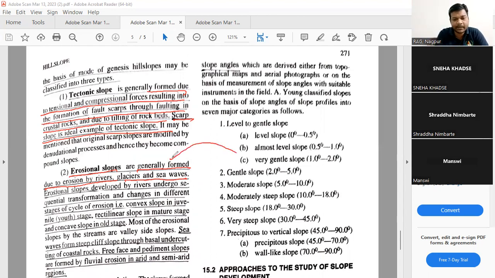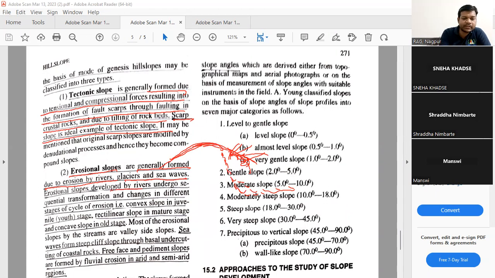This hill was there, and now it has been actively cut by the rivers on this side. So this slope has become like this. This is called an erosional slope.